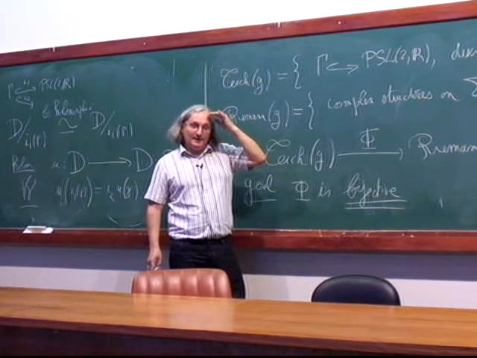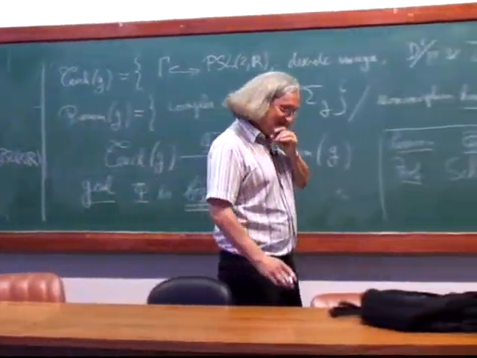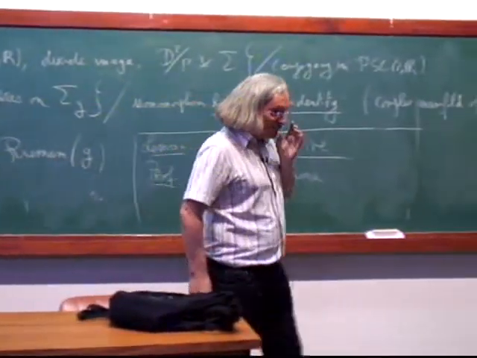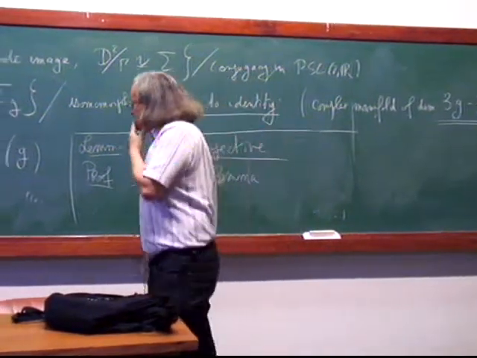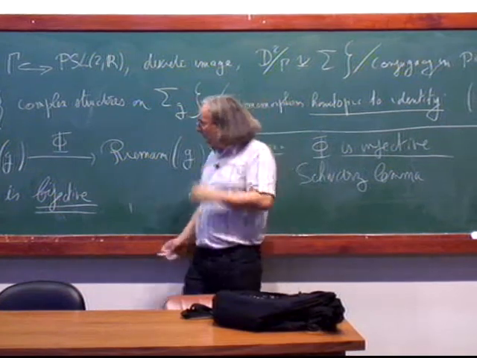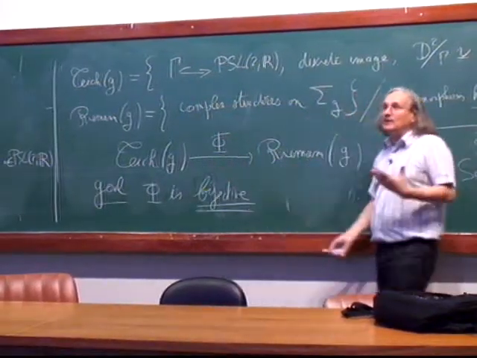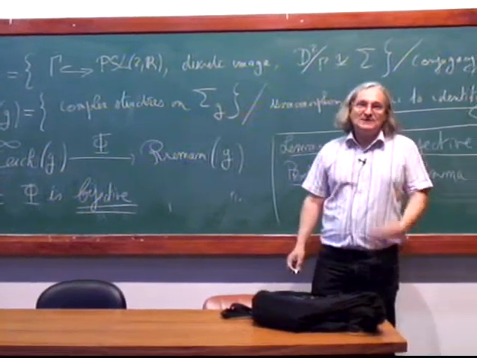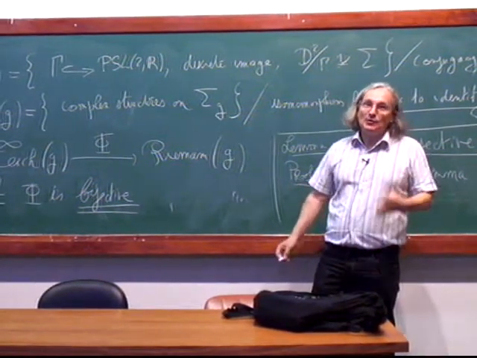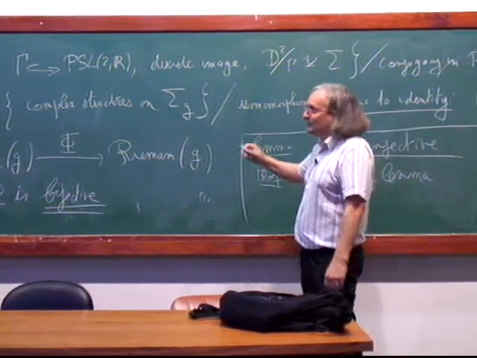And he uses it many times. And to tell you the truth, I'm not sure. I don't know if it's true, actually. We would need some kind of infinitesimal Schwarz lemma, but I don't know how to prove it. So we will do something else.